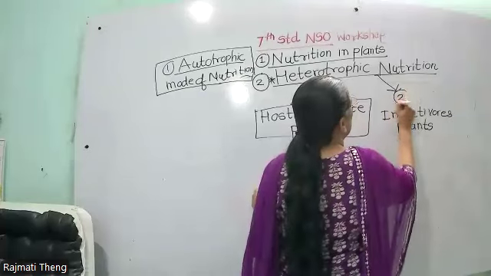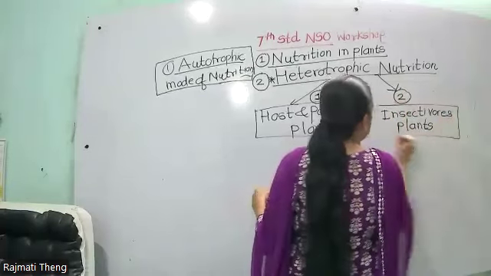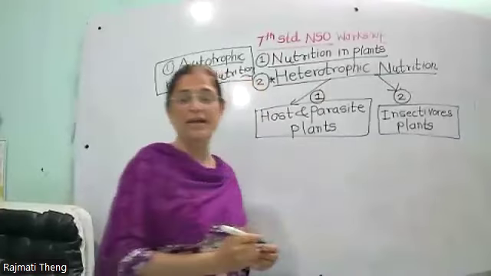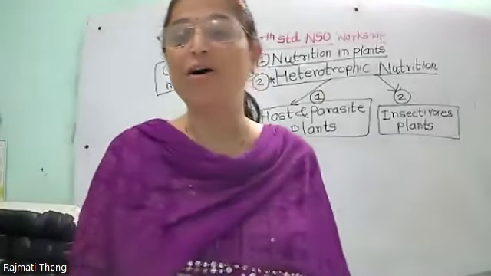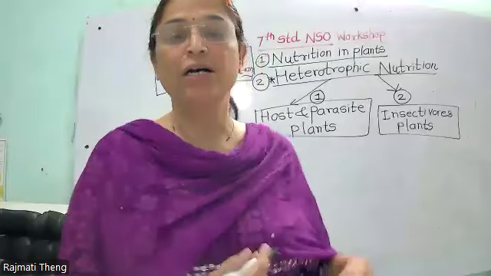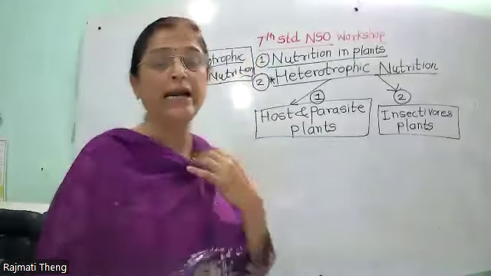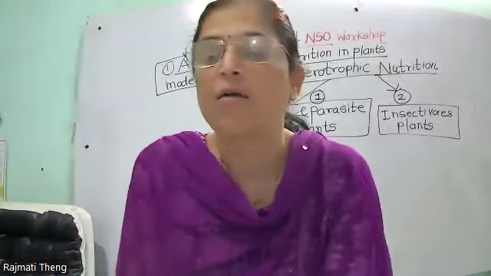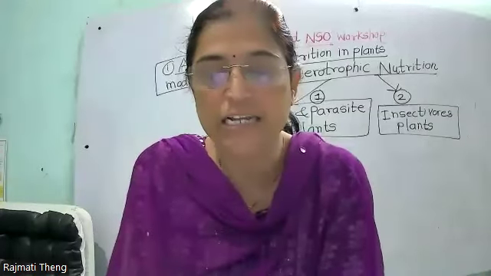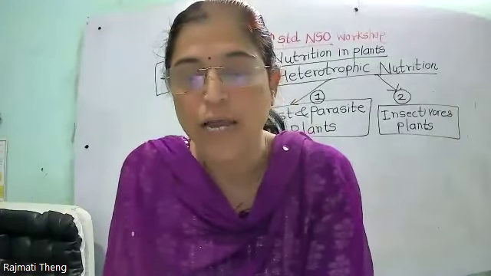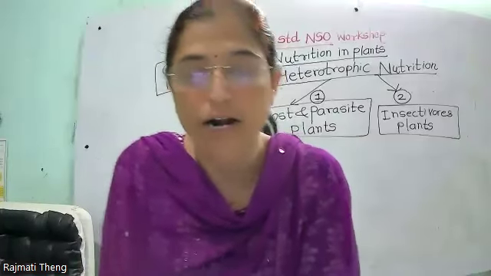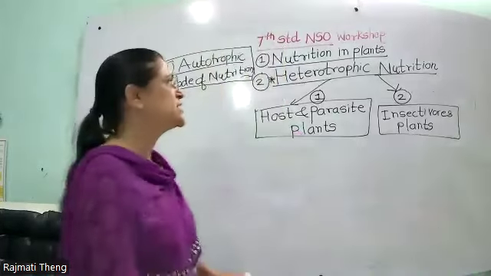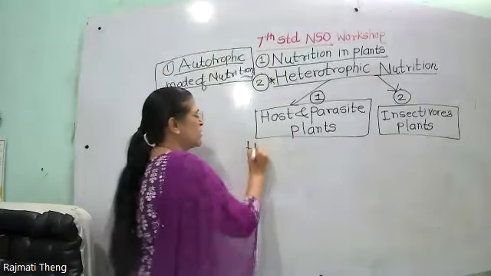In this heterotrophic mode of nutrition, plants do not make their own food. They depend on others for food. First one is the parasitic plant. Parasites are organisms that live in or on the body of another organism, which is called the host.